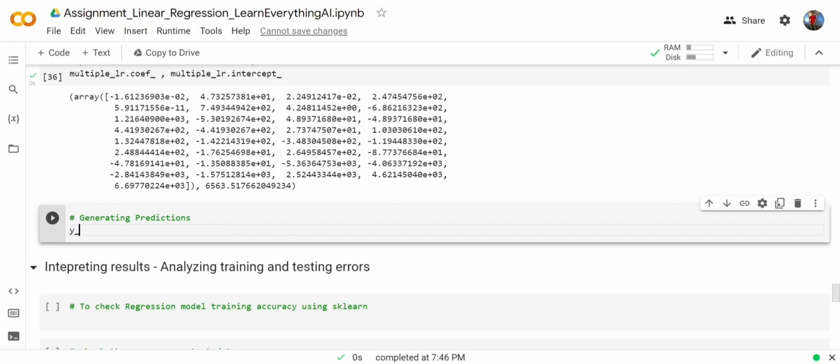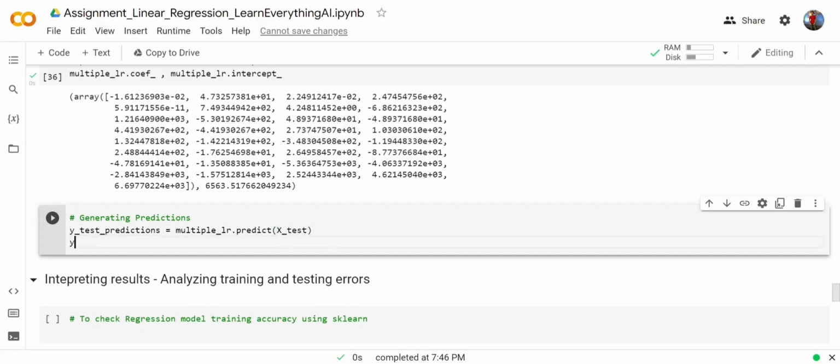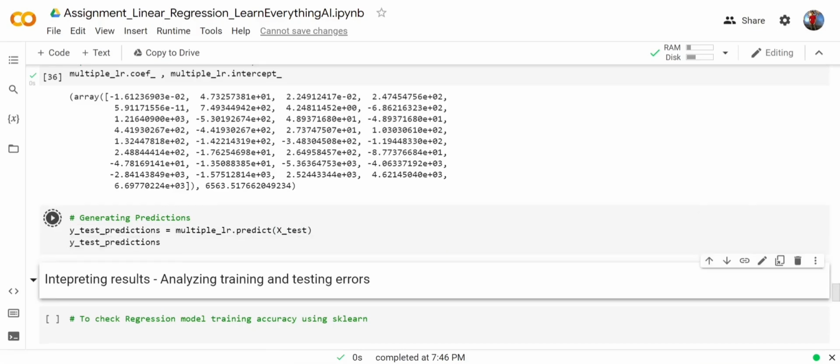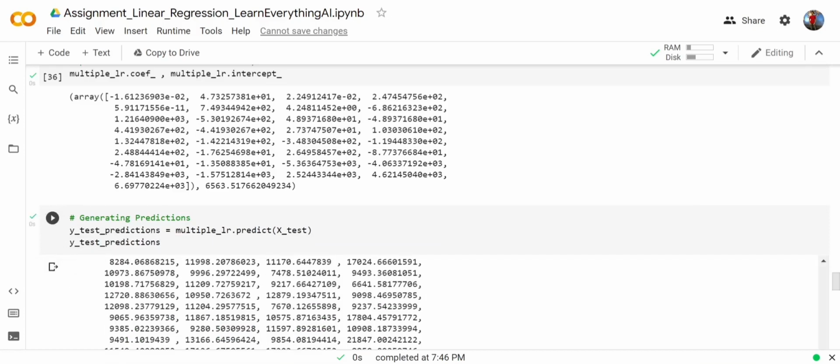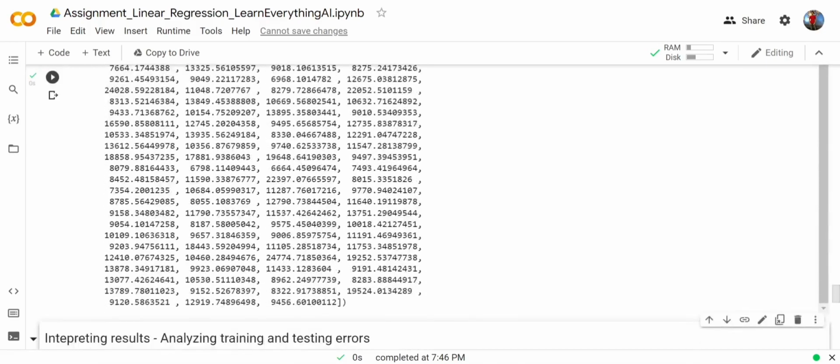So we again do it by saying y_test_predictions is equal to multiple_LR.predict(x_test). And some values are now there.